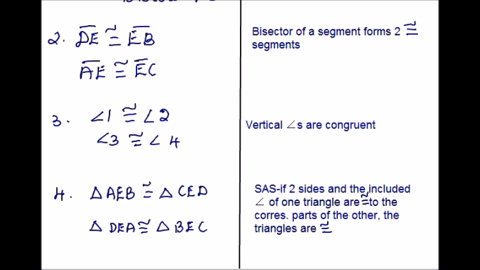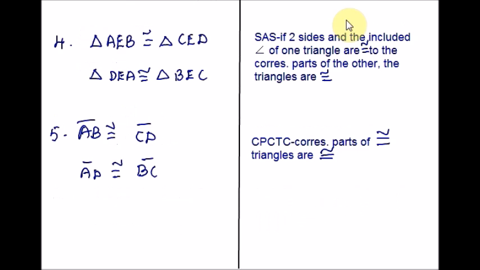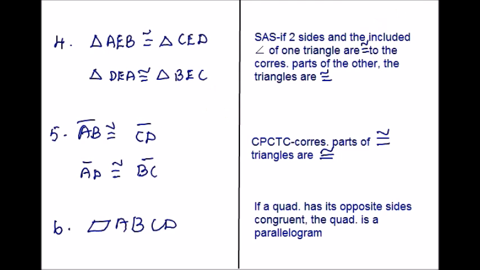So by corresponding parts of congruent triangles are congruent, you can say that AB is congruent to CD, AD is congruent to BC. We proved that opposite sides are congruent. So if a quadrilateral has its opposite sides congruent, we can say that the quadrilateral is a parallelogram. Hence the theorem. Hope you're clear with this theorem.